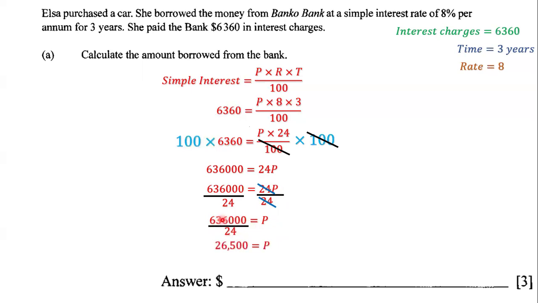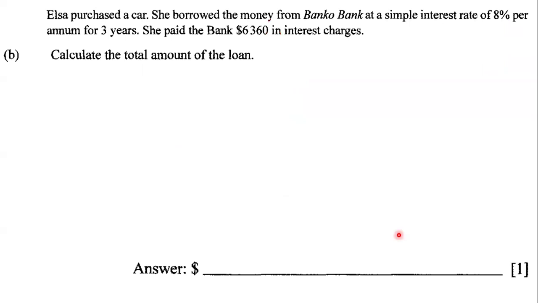And what is 636,000 divided by 24? Well, that's going to be 26,500. So the principal, or the amount borrowed from the bank, is going to be 26,500.